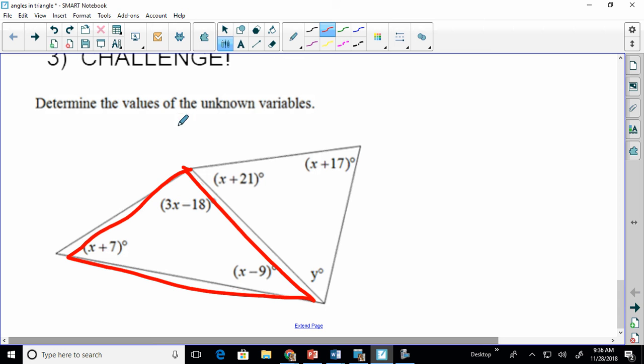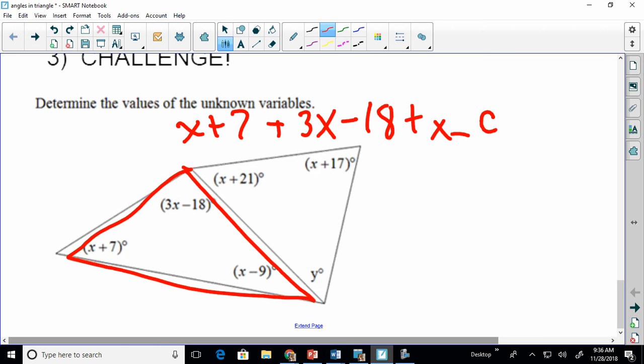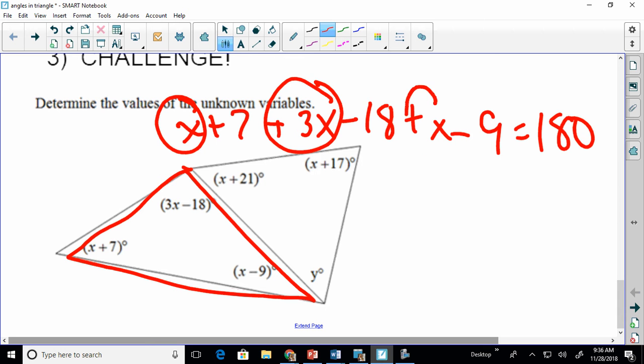Okay, so I would set this up. x plus 7 plus 3x minus 18 plus x minus 9 is equal to 180. Okay, so let's simplify it. I have x plus 3x plus x. So that's 1 plus 3 plus 1, that's 5x. And I have plus 7, negative 18, and negative 9.